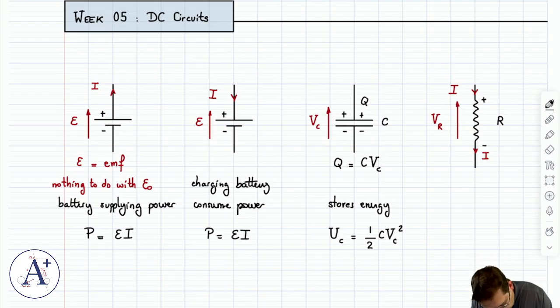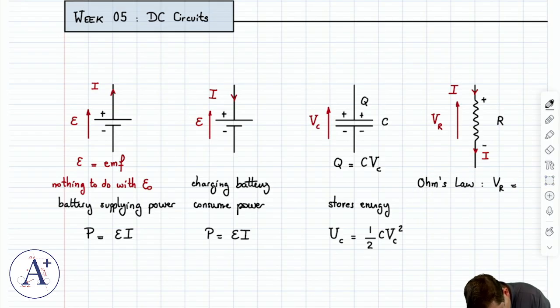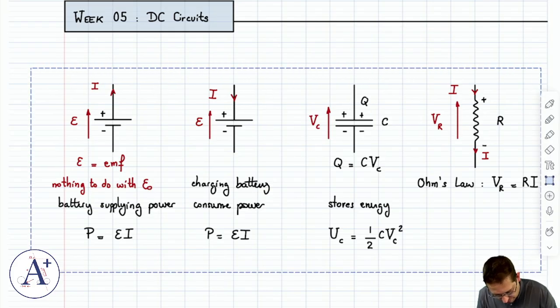And the voltage across the resistor is given by Ohm's law. Ohm's law says that VR is equal to Ri. So it is proportional to the amount of current that goes through the resistor.